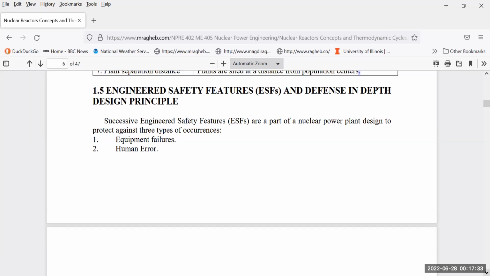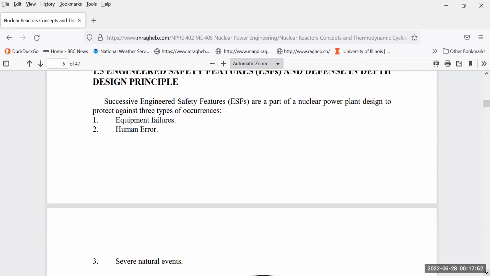And we adopt the defense in-depth design principle in that, under normal circumstances, no radioactivity is released to the environment. However, accidents can occur if those ESFs or engineered safety features are not functioning according to their design.